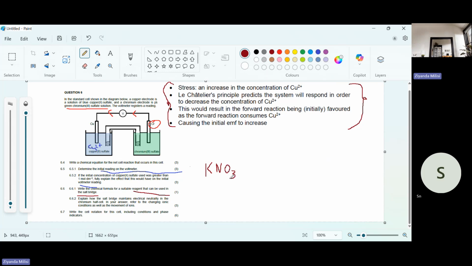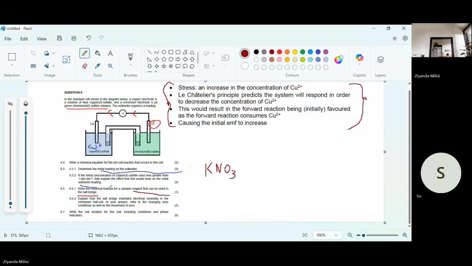You can use KNO3. It's a famous one. It's the one that is loved; most salt bridges prefer this one. NO3 is the most suitable for most of these galvanic cells.